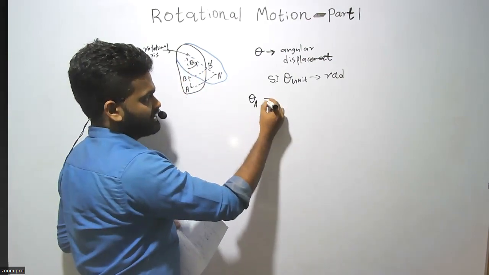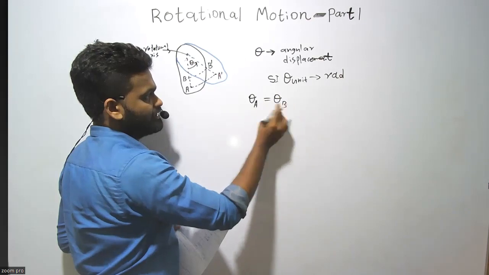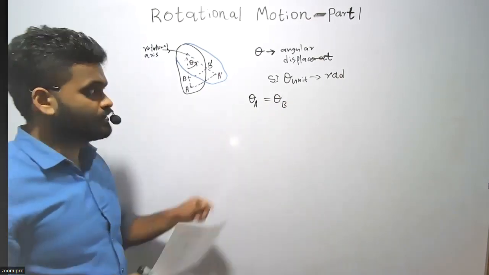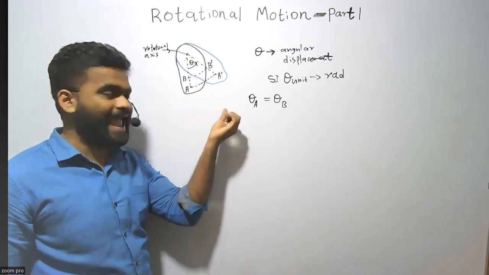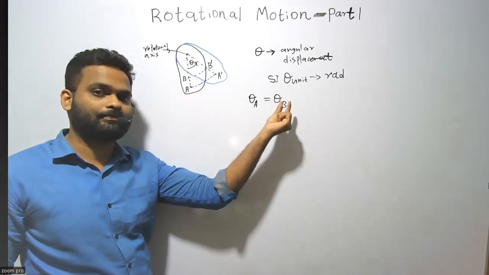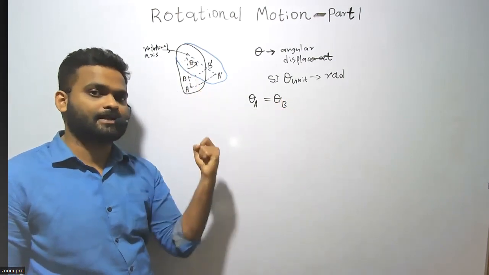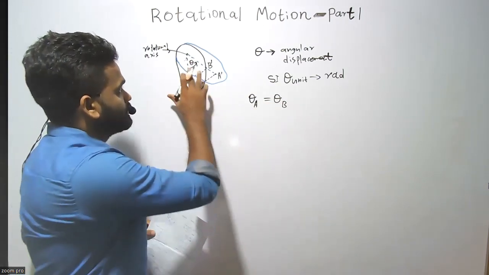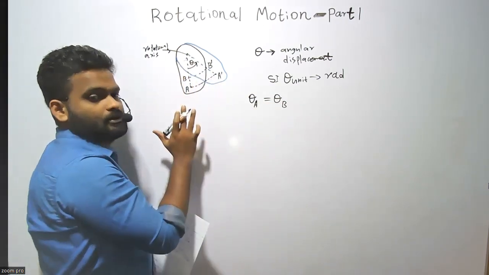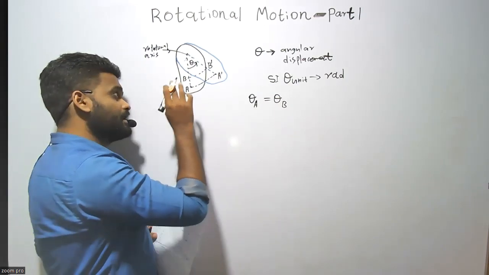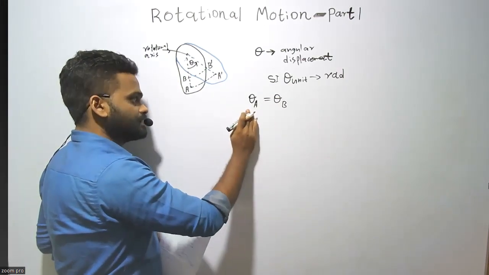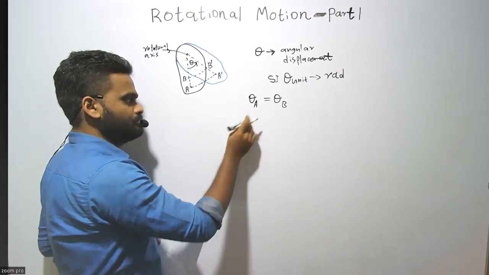So theta A and theta B are the same. So for any point on the object, angular displacements are the same. This is true for any point on the object around the rotational axis. Angular displacement, same.